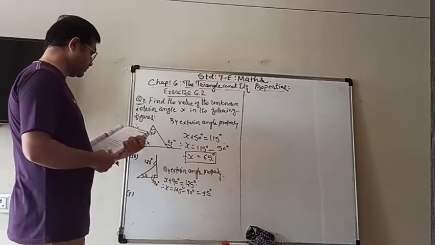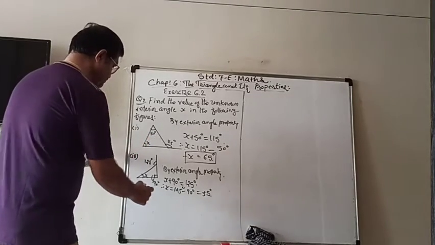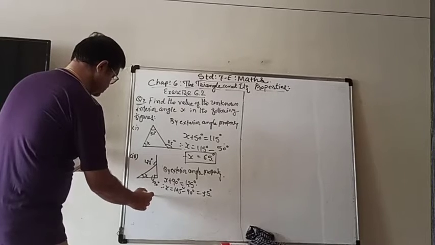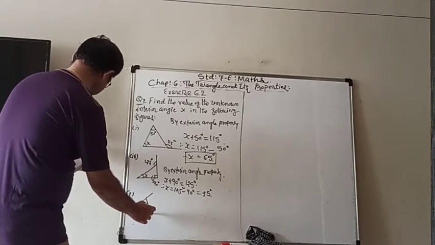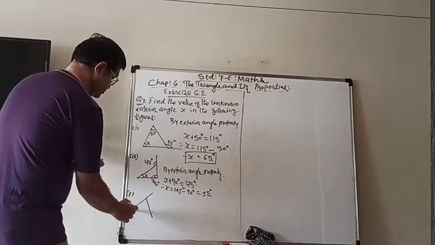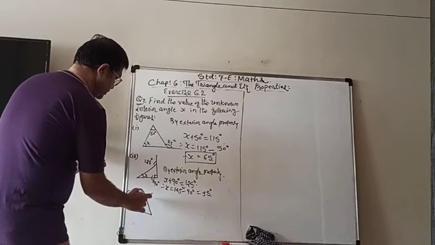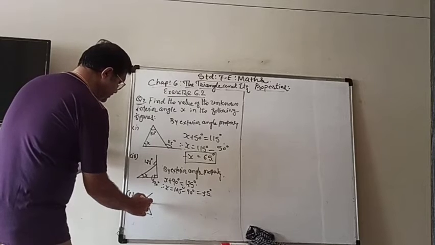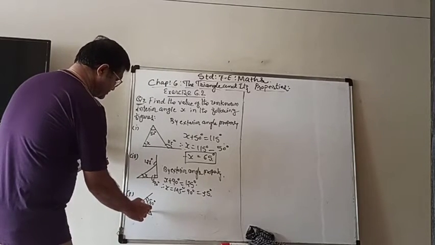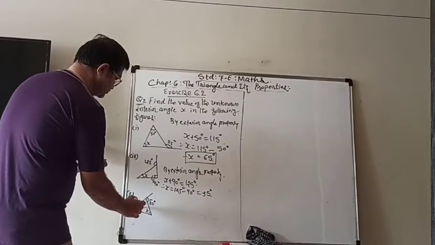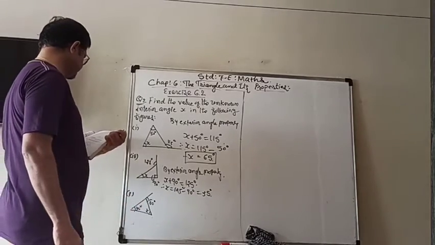Let's take the fifth one. The exterior angle is given as 80 degree, x and 30 degree.